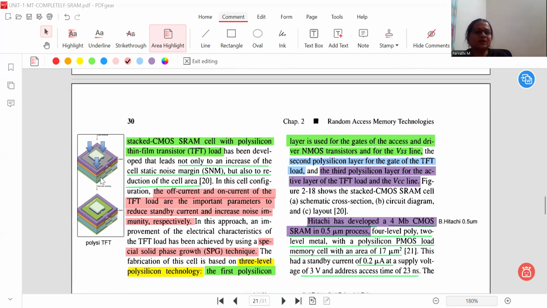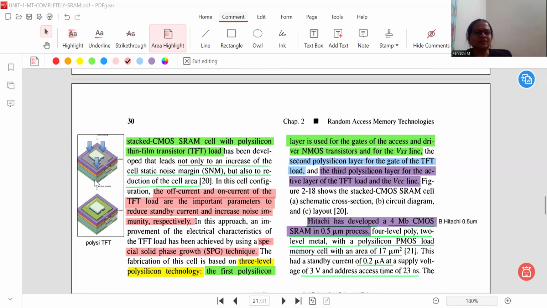If you observe, the green color portion is the base, above which a light yellow colored small internal portion is polysilicon. Once again, one more layer is taken, that is a kind of silicon again. Like that, layer by layer, polysilicon is stacked. This polysilicon is also taken like a thin film.